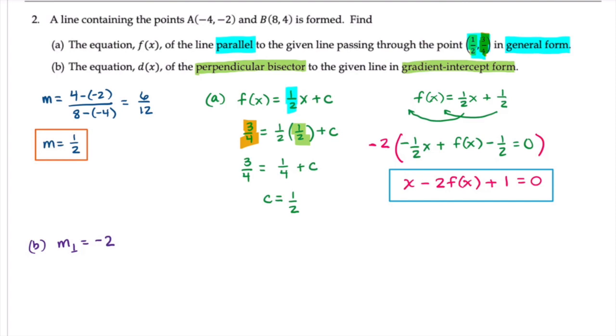Negative reciprocal would be -2. The next thing that we want to do is find the point that this perpendicular bisector is going to intersect. And the point is the midpoint. So step 1 is find the slope. Step 2 is find the midpoint.